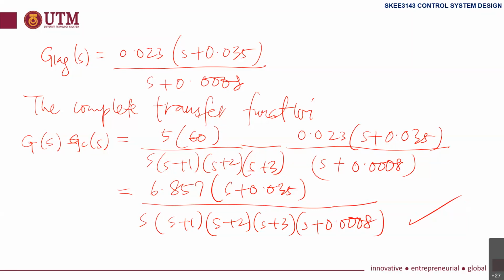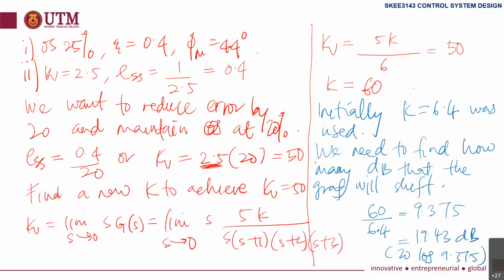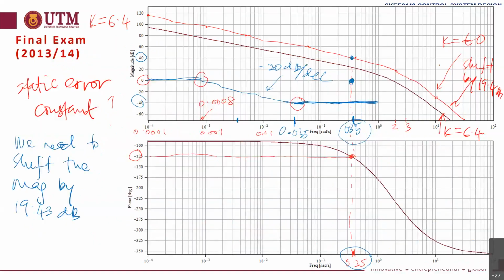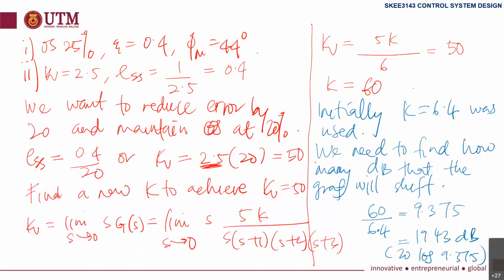Again, I repeat, it will not be similar for all students. It will depend on the data that you read from the graph. As I mentioned earlier, the Kv that I obtained here might be different from yours. If you use a ruler, then you get a different K. The one I did here is based on just an estimate.